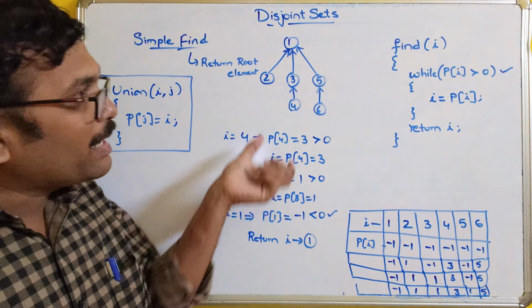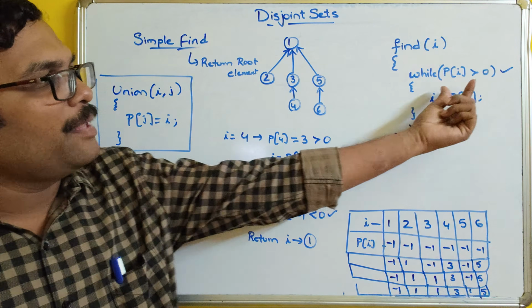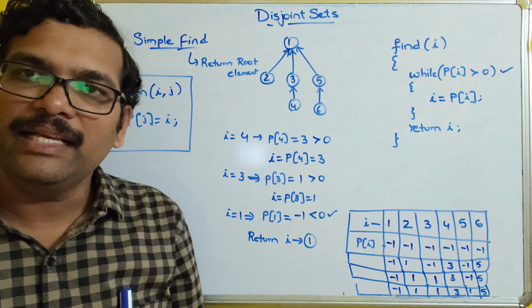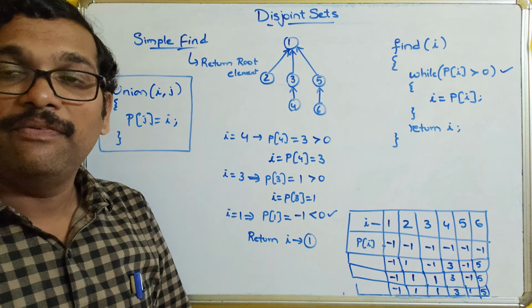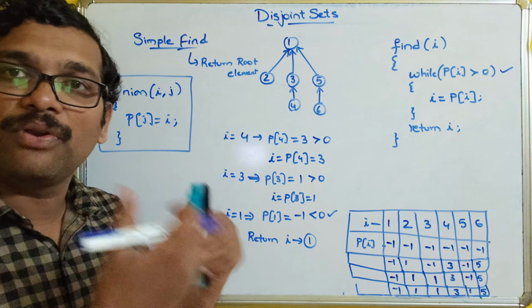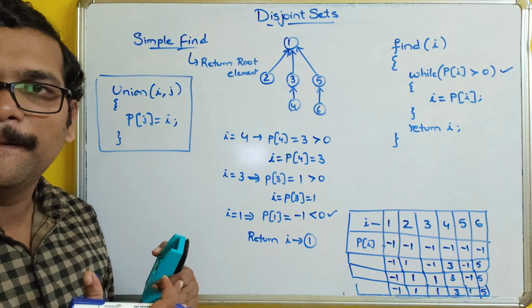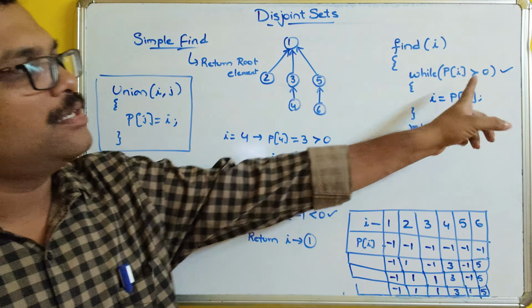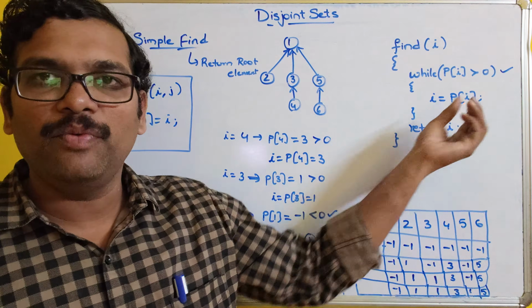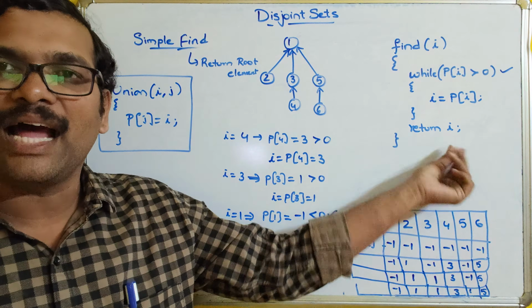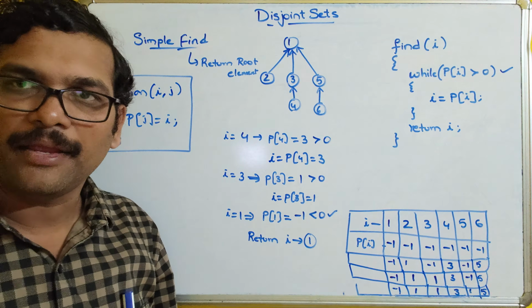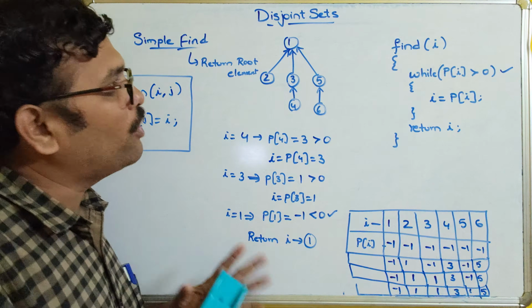We keep moving until the parent of I is less than 0. If it is greater than 0, we repeat this process. Whenever it becomes less than 0, immediately we can say that the root is I. So this is a simple find operation.